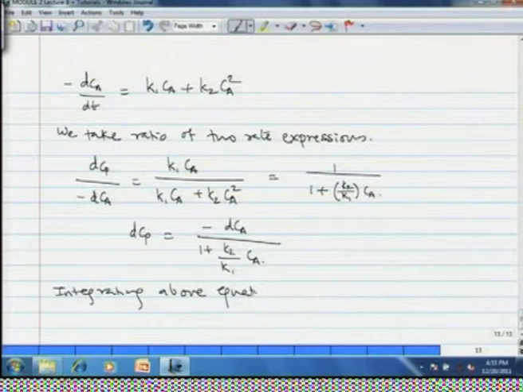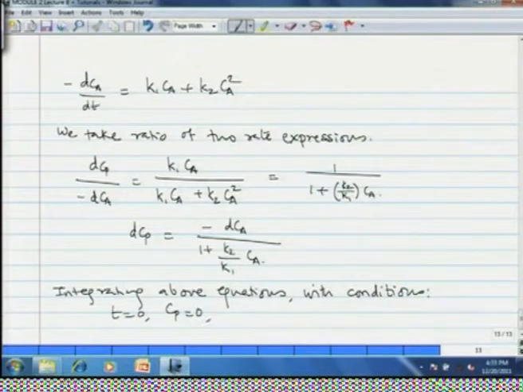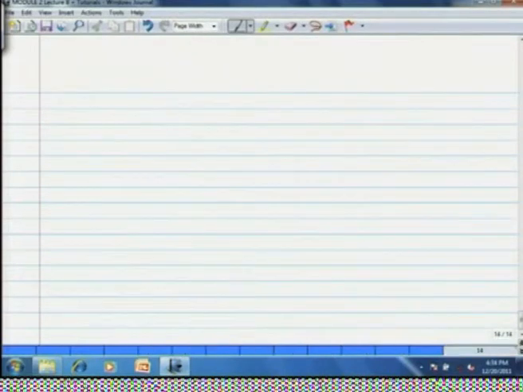And we have two initial conditions. At t equal to 0, Cp equal to 0 and Ca equal to Ca naught. So, then we have the integrated expression.